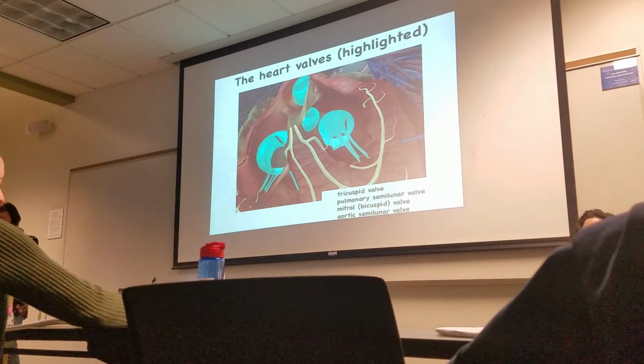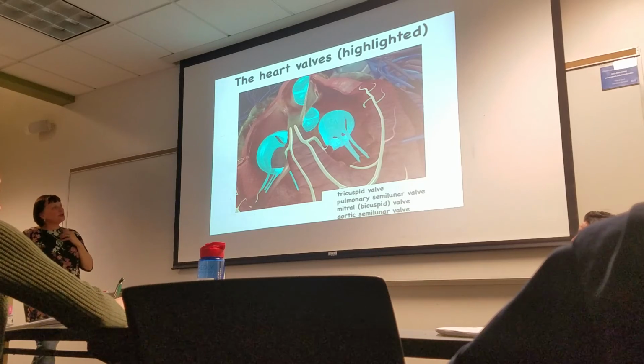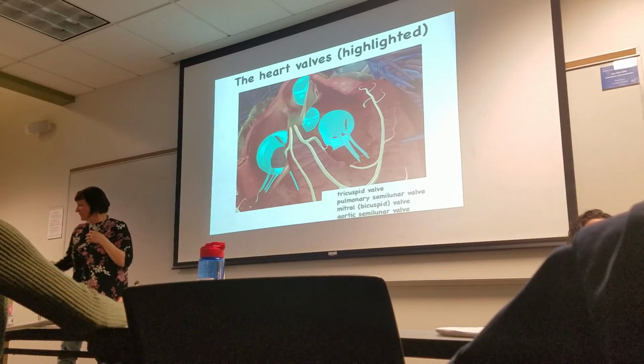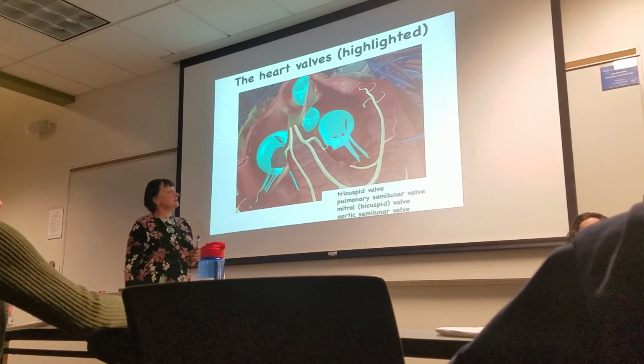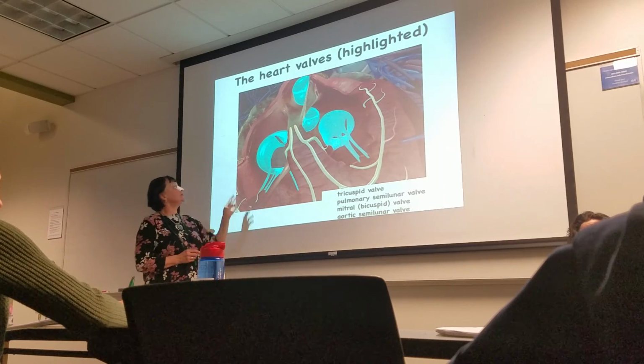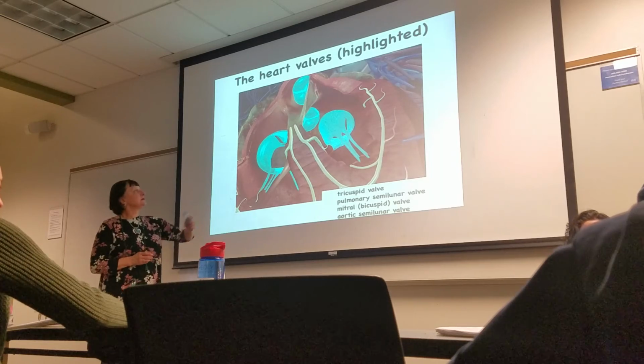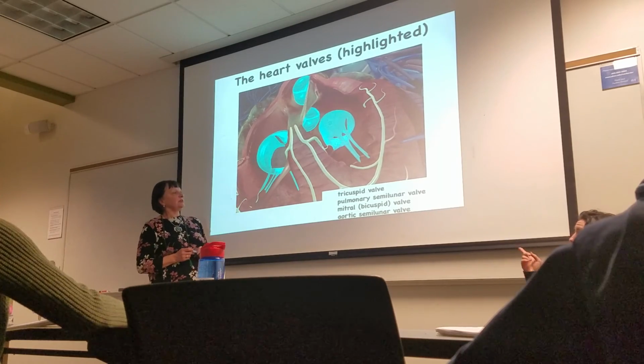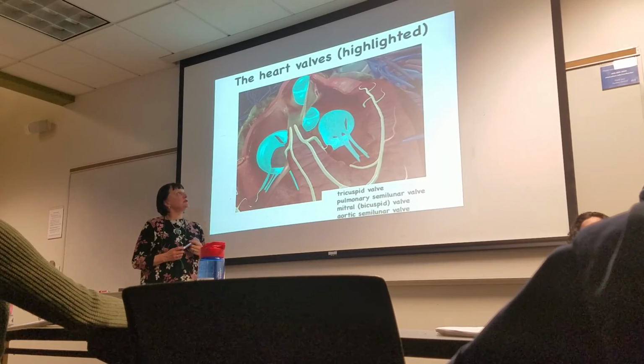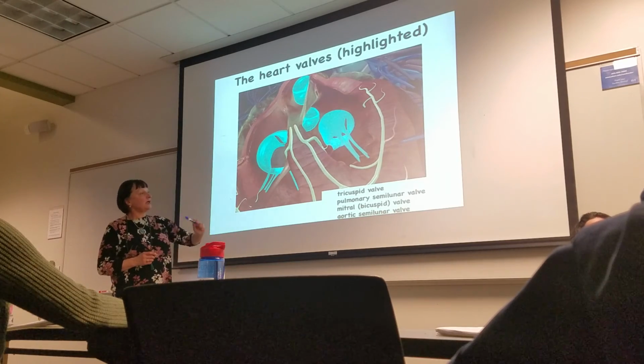And here is another representation. If I ask you, for example, where is the tricuspid valve on this diagram? This one, the big one, right? Where is the pulmonary semilunar valve? On the top.